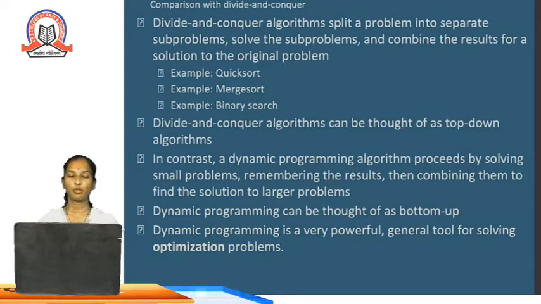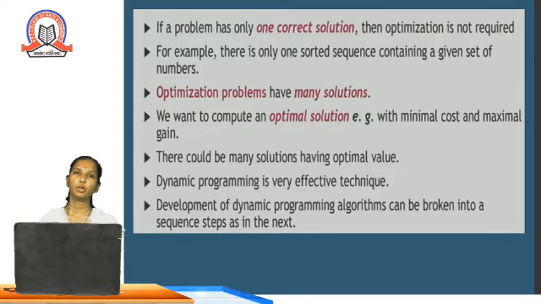It is a very powerful tool for optimization problems. The important thing to understand very well here is that dynamic programming is going to give the solution to an optimization problem, and it is going to do it recursively. So where to use dynamic programming?